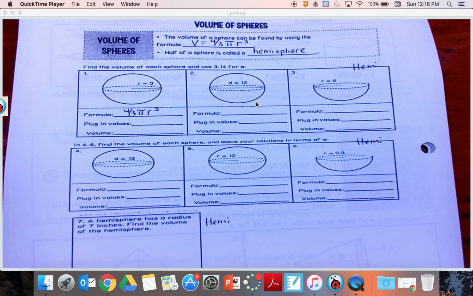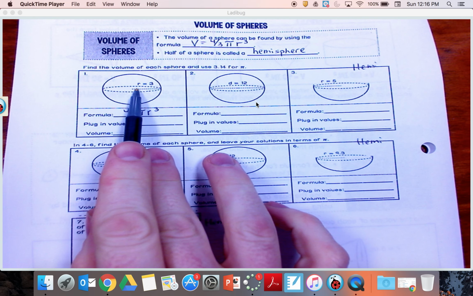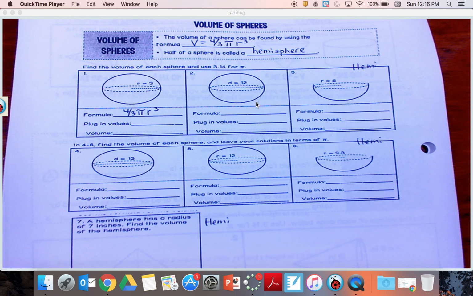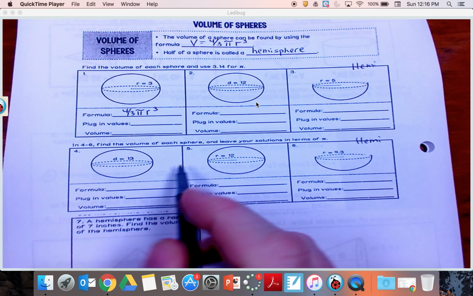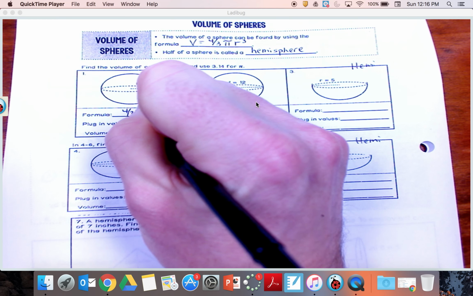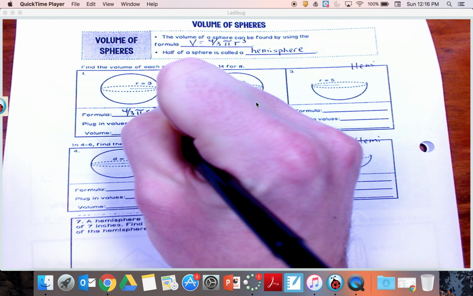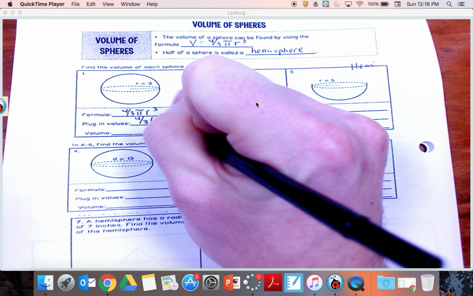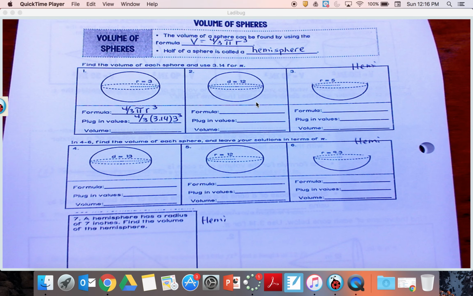Now we look at what we have here. This is a sphere, and it tells us r is 3. That means that's the radius, so we don't have to do anything special about that. We're just going to plug in the values. Our values here are 4/3, which always will be there, pi, 3.14, and then my radius, which is 3 to the third power.